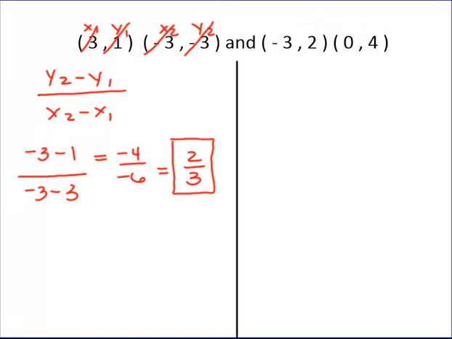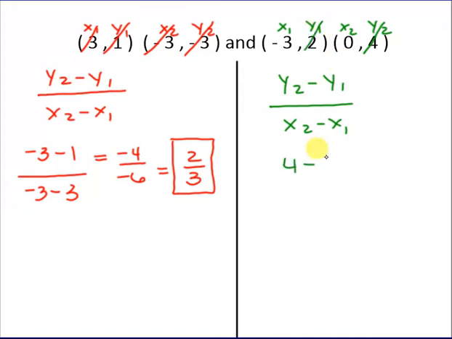Let's check this one out over here. So I'm going to write out my formula, because remember, this is something you need to memorize, and the only way to memorize it is just to keep writing it. I'm going to label my points so that I don't get confused. Okay, so my y2 is 4 minus my y1 is 2 over my x2 is 0 and my x1 is -3, so minus -3.